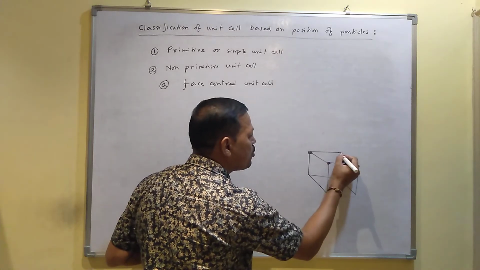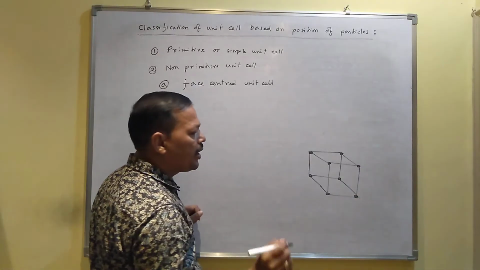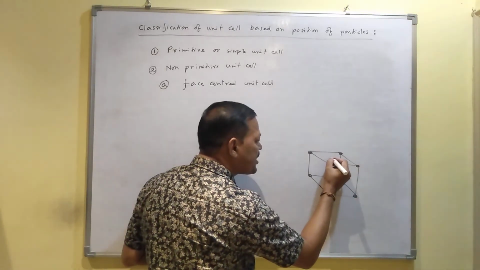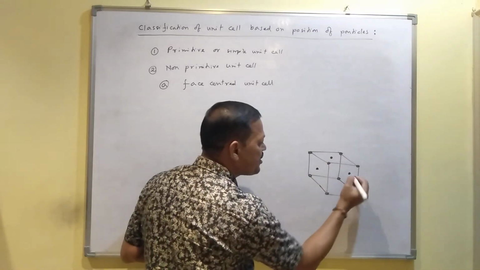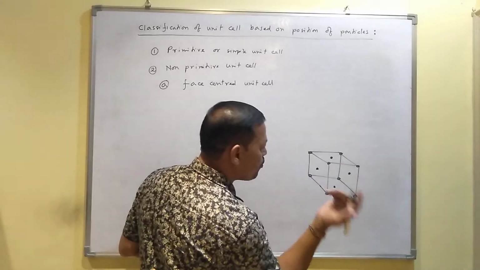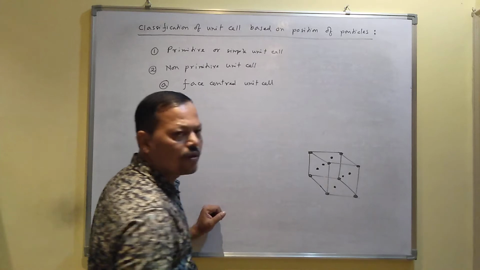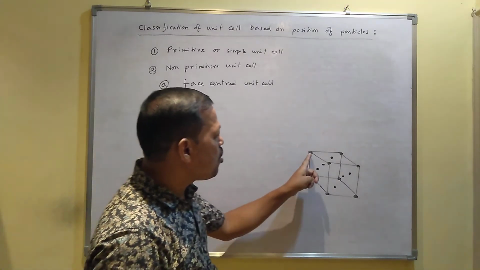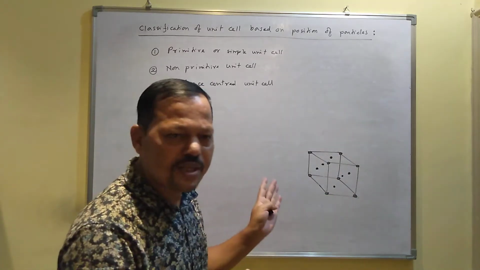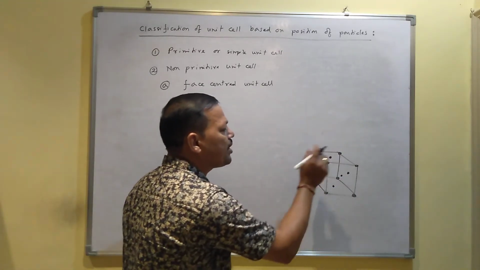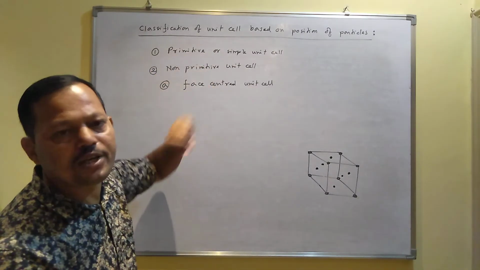As you know, a cube contains 8 corners, all the corners contain one particle, and particles are present at the center of the faces also. This is one face, this is another face, this is another side face, this is the downward face, this is the front side face center, and this is the back side face center. So when the particles are present not only at the corners but also at the center of each face, I mean there are 6 faces and every face contains one particle at the center, then it is called face-centered unit cell. This is one example of non-primitive unit cell.